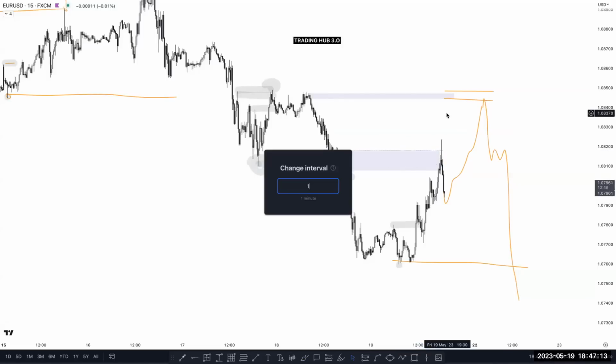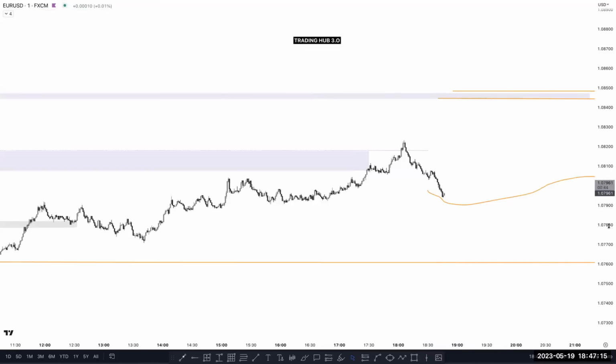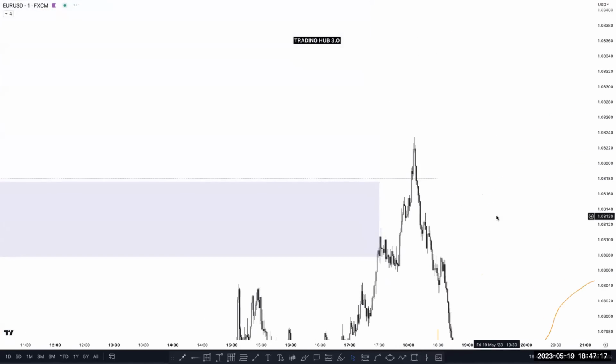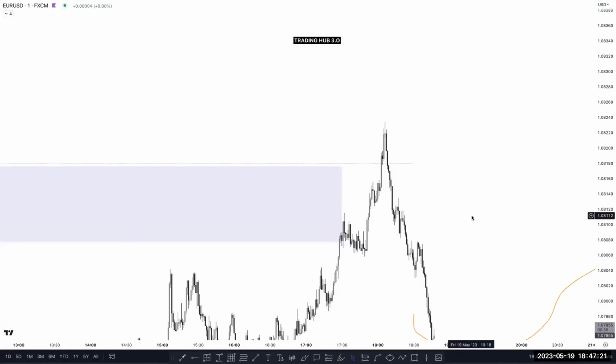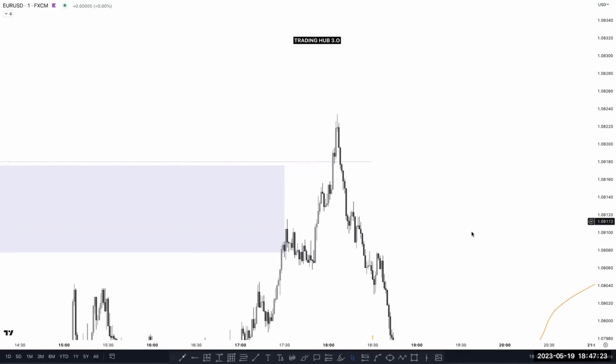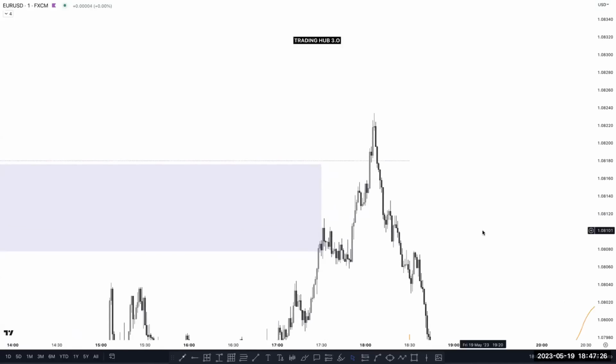Let me check the lower time frame structure here, whether there is any opportunity or not. This one swept here. You have to check here. Candle close here, right?